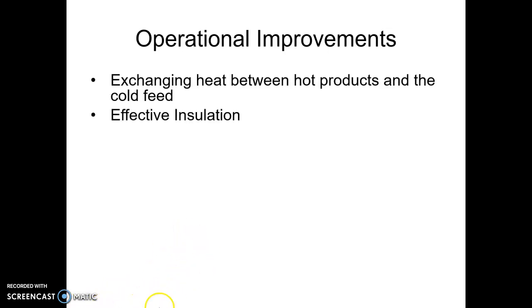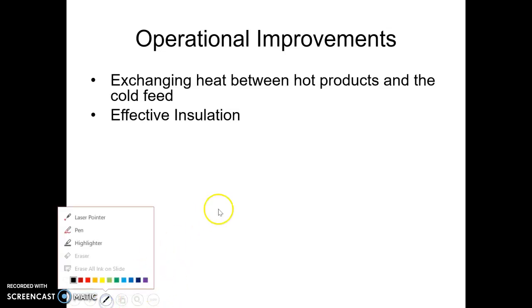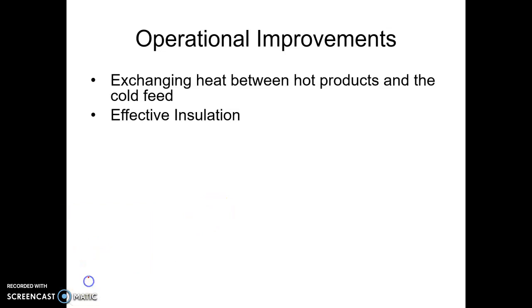The insulation which is there may not be properly saving the energy. It is not providing the required insulation to the distillation column, which will result in energy loss, and ultimately we will have to supply more than the required amount of energy.